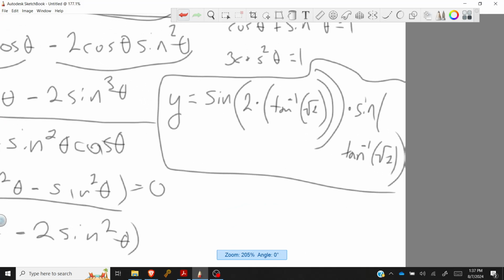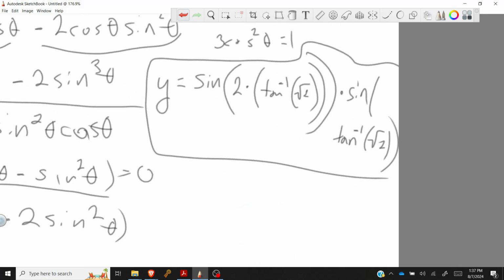And it's great that we have Desmos, because then you can check it. You graph the polar equation, then you graph that number, and it'll give you that.